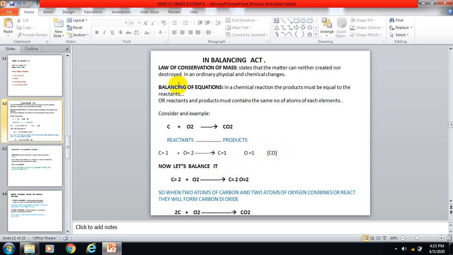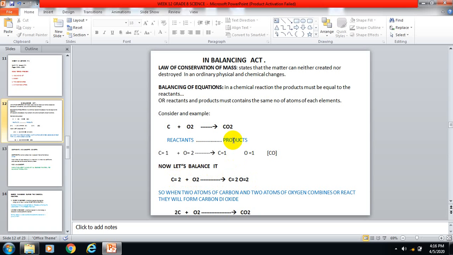Now let's balance it. We are studying the balancing act, so we are going to act it now. If we take carbon with coefficient 2, like 2 carbon atoms, and oxygen, it will give us C2O2.